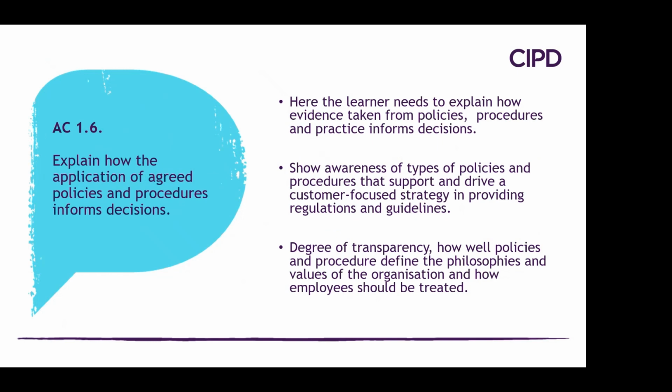AC 1.6: explain how the application of agreed policies and procedures inform decisions. This is an area that a lot of learners don't seem to get right, but what you need to do here is explain how evidence taken from agreed policies, procedures and practice inform decisions.